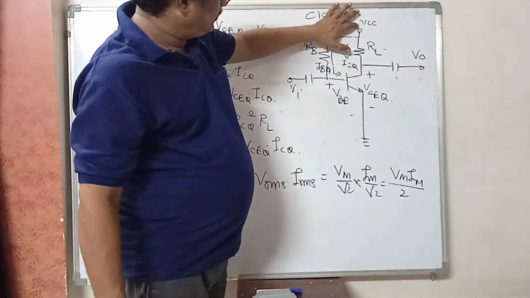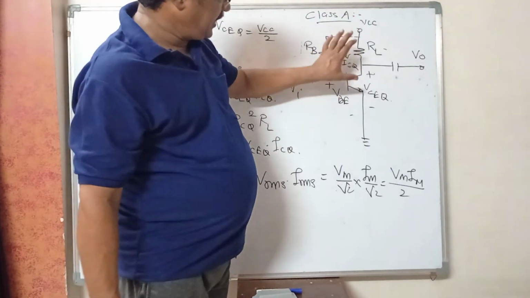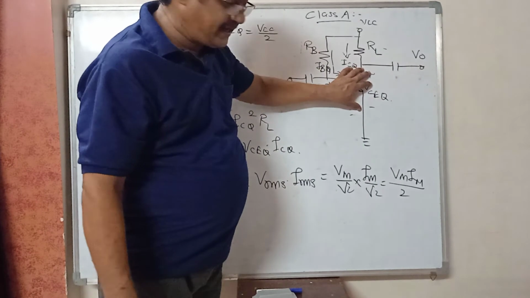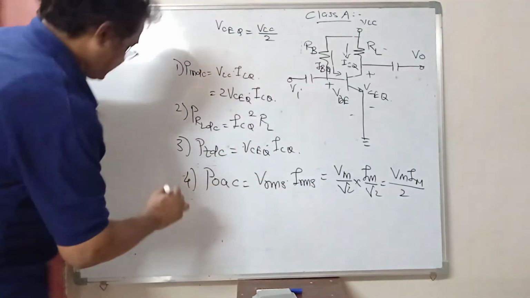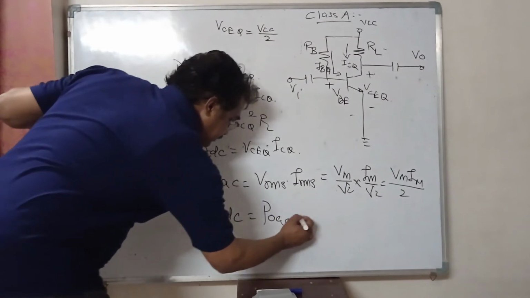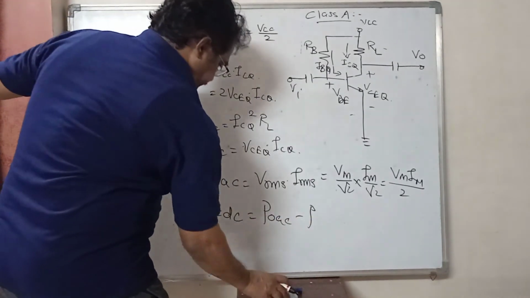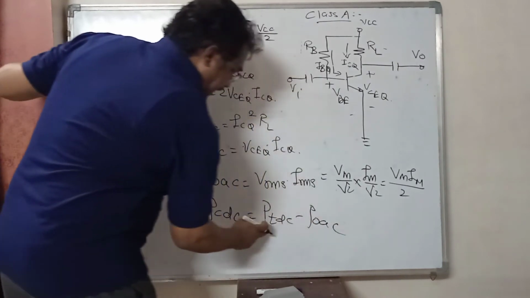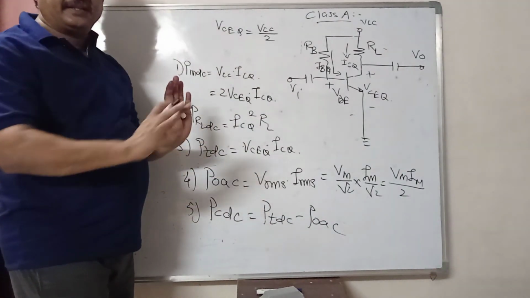Power is generated here, some is given to Rn, and the remaining goes to the transistor. The transistor converts part of that power into output AC power, but the remaining power is simply wasted in heating the transistor junction. So the collector dissipation PCDC is the input power minus the output power, which is simply wasted in heating the transistor.